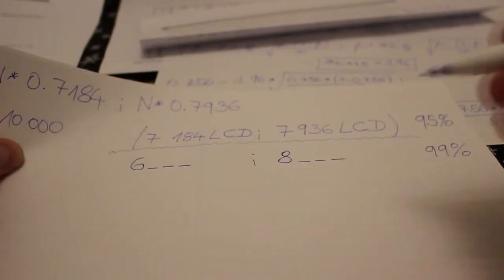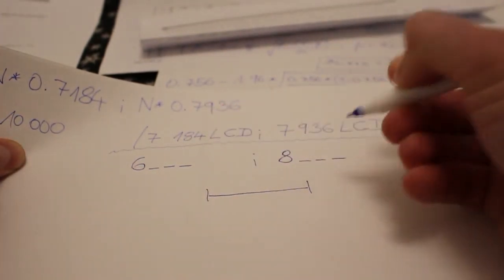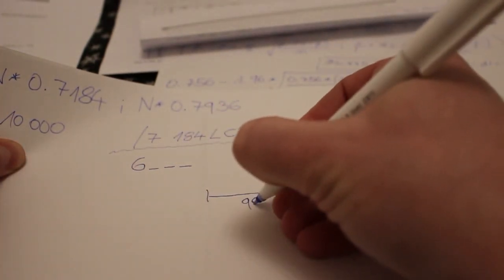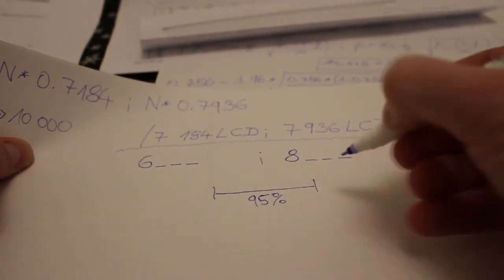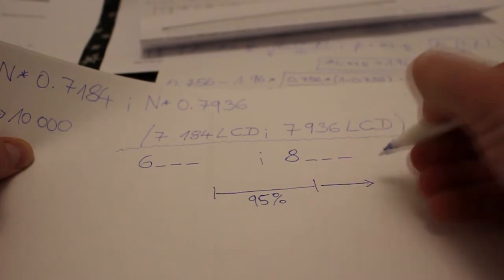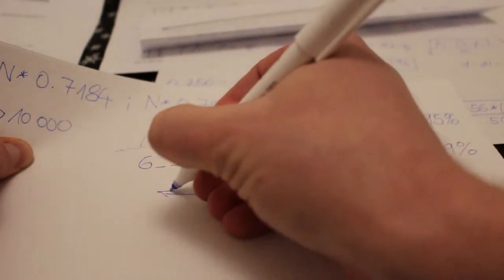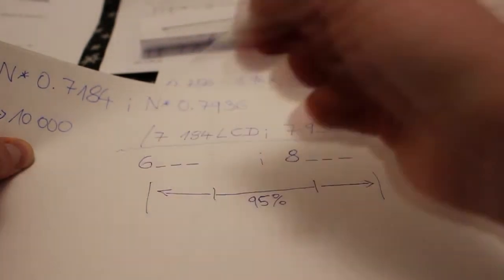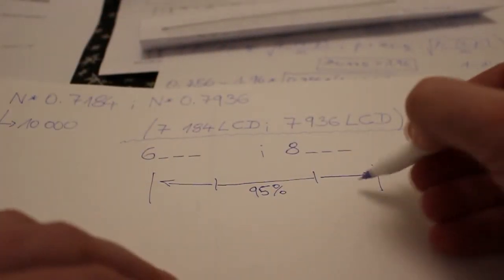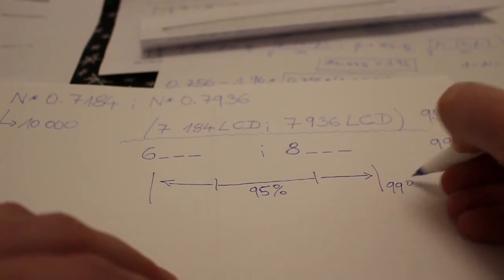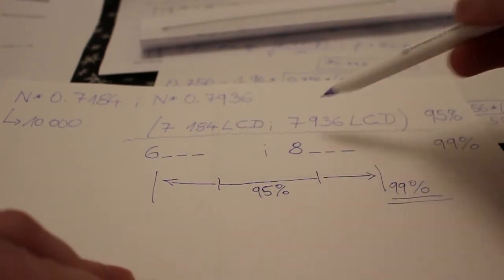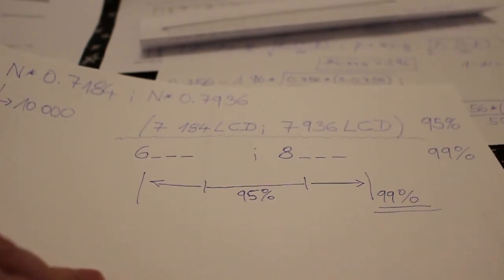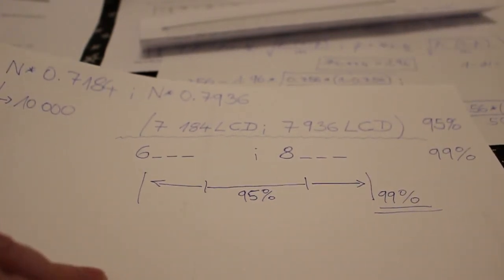If you require 99% instead of 95%, the confidence interval will be wider than before. At home you can practice and recalculate this interval at the 99% confidence level.